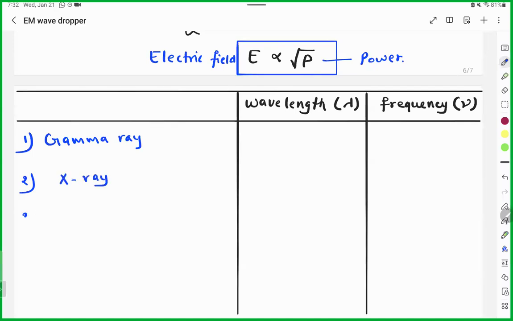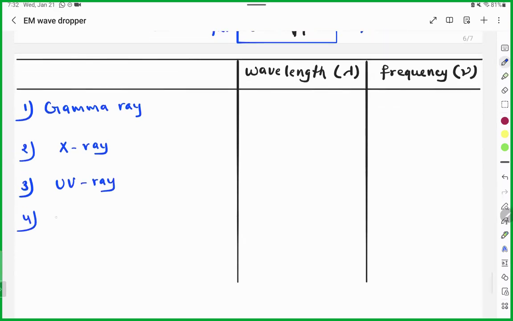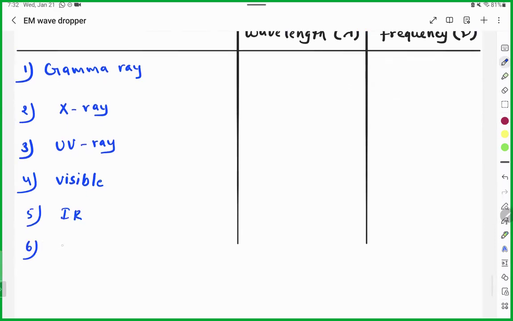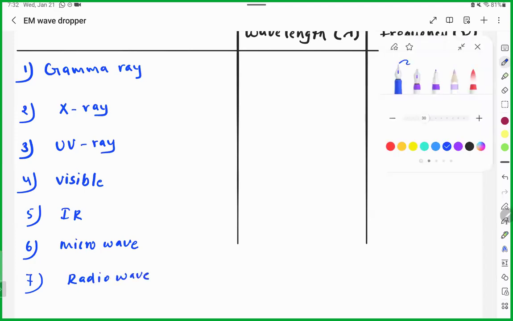Chandana third? Sir, UV ray. Sarah fourth? Visible. Chandana fifth? Sir, infrared. Sarah sixth? Microwave, sir. Chandana seventh? Radio wave. So these are the different types of waves.